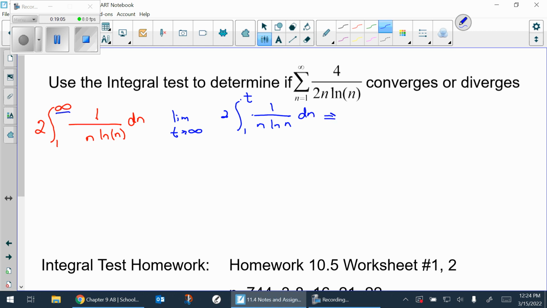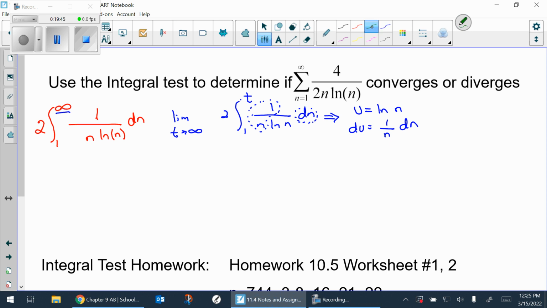I'm going to have to write this limit 4 times because this is going to involve a substitution. u is going to equal the natural log of n, and du is going to equal 1 over n dn. And that happens to be exactly what we've got here: 1 over n dn.